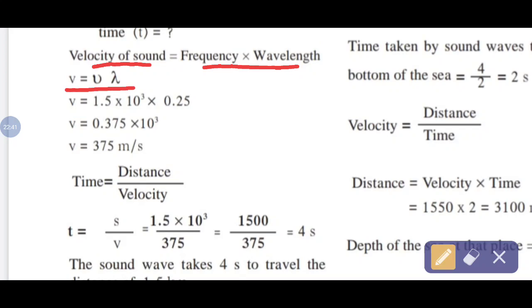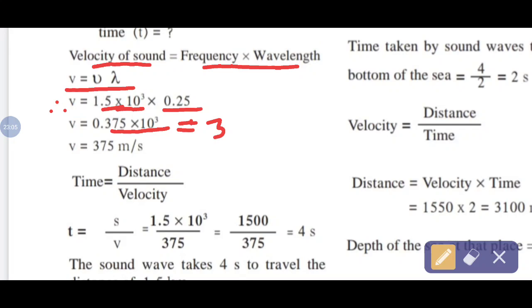Substitute the values. Therefore, V is equal to nu, which is 1.5 into 10 raised to 3, multiplied by wavelength lambda, which is 0.25. Do the multiplication of 1.5 and 0.25. We get the answer 0.375 into 10 raised to 3. So 10 raised to 3 means 1000. Clear?